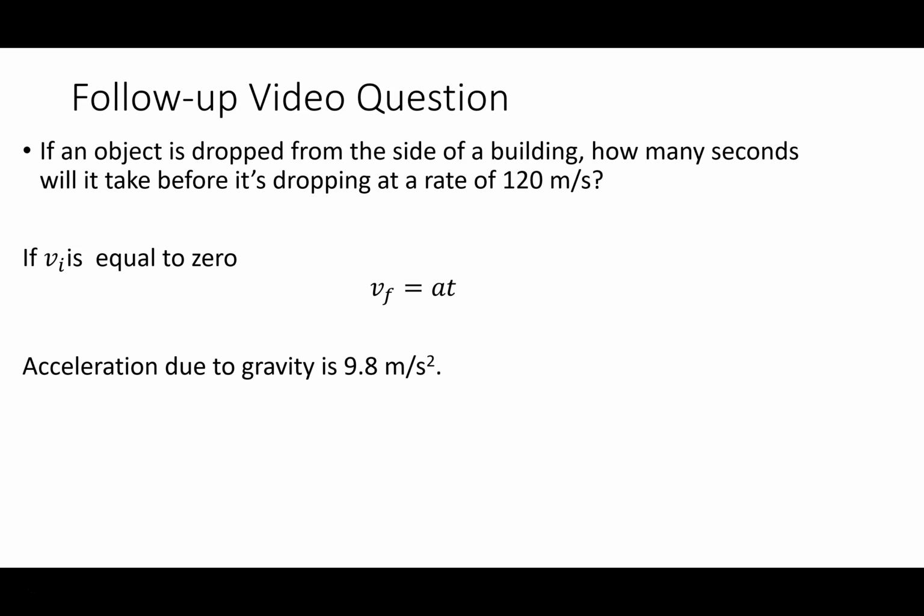So this one says, and I'll draw a picture so then you can just draw the picture because a picture's worth 1,000 words. And who wants to do words when you can do pictures? There's my building. And it says we're going to drop it. We'll make it a ball. How many seconds will it take before it's dropping at a rate of 120 meters per second? So V sub I, what's the initial velocity?